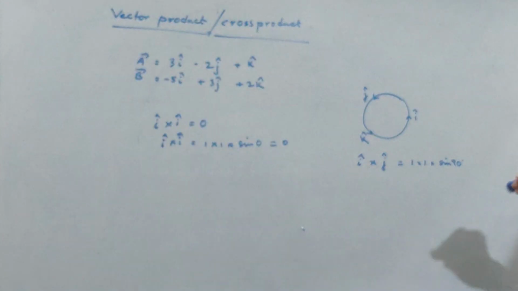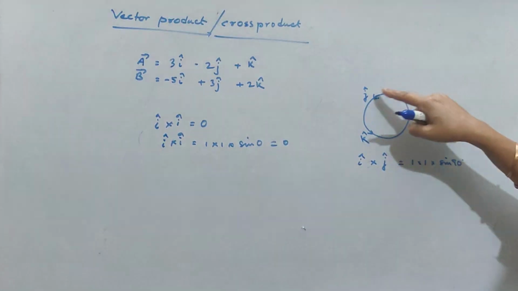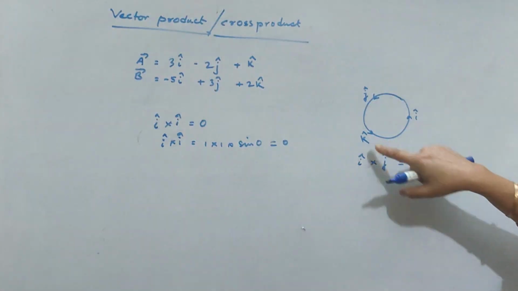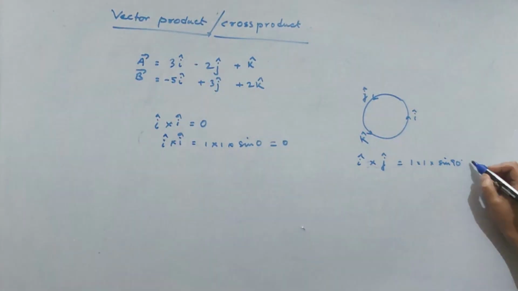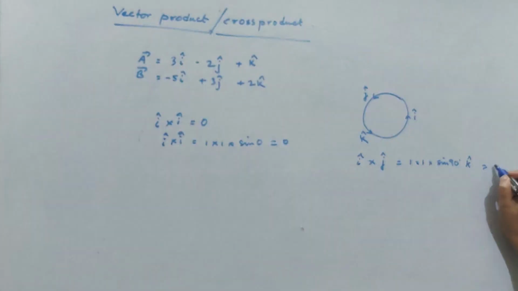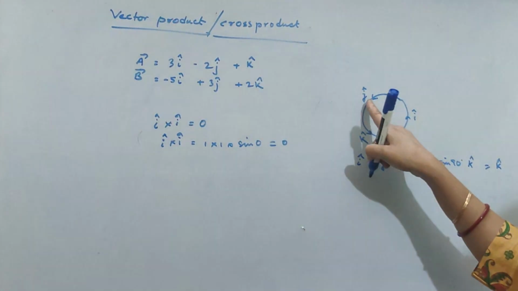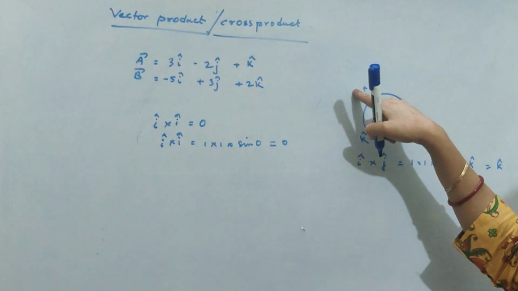But you have to know whether it will be positive k or negative k. If the directions of i, j and k are all anti-clockwise in the same direction, then it will be positive. So the result will be k. That means i cross j is equal to k. Similarly, j cross k will be equal to i and k cross i will be equal to j.